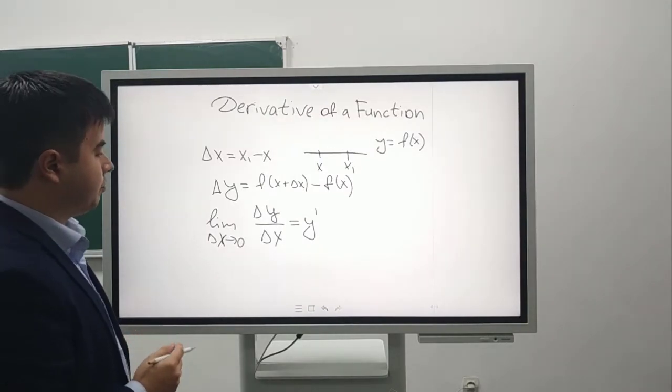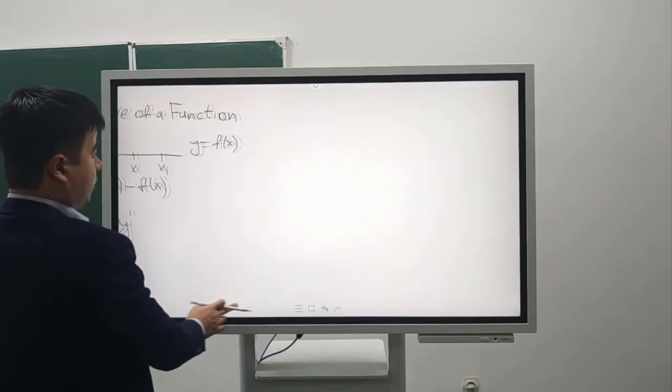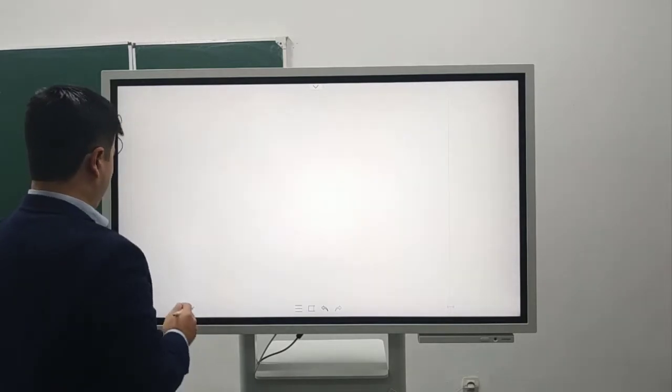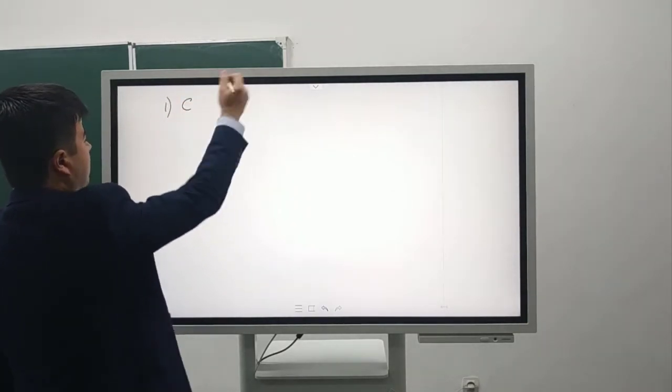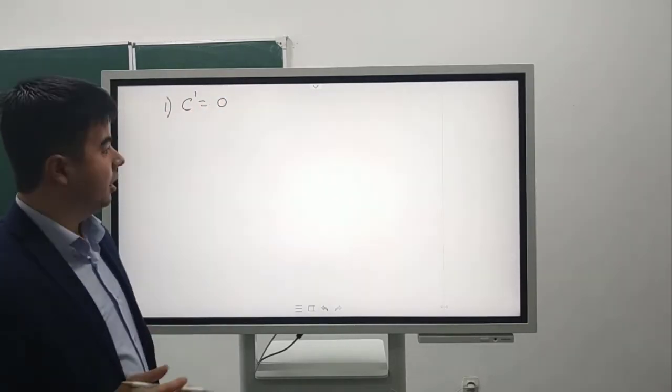And now let's move to the main rules of taking derivative. The first one is derivative of constant, it is 0, any constant.